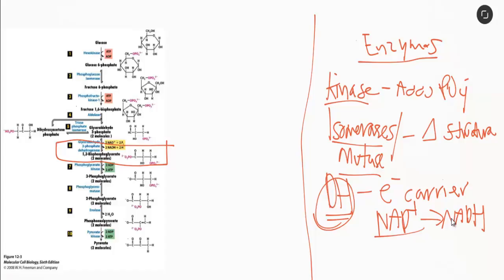But one other thing to notice is the net ATP. If you look here, we lose, so this is -1 ATP. This is -1 ATP.